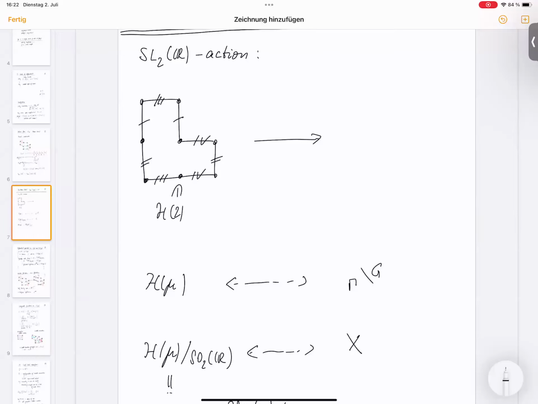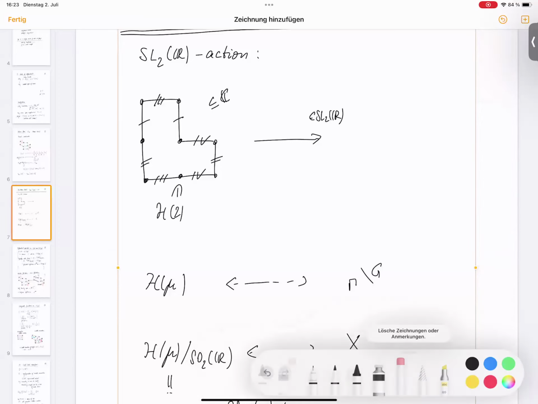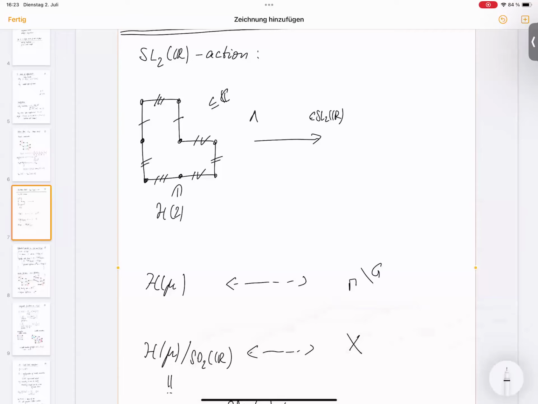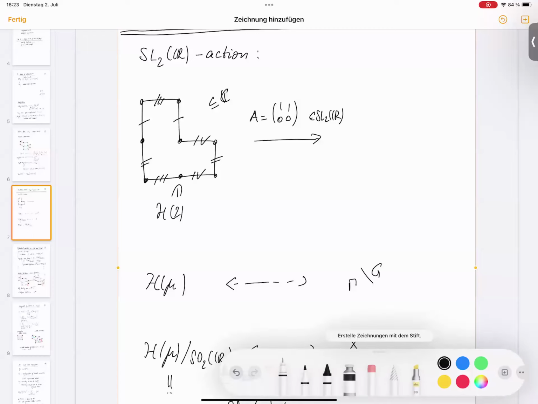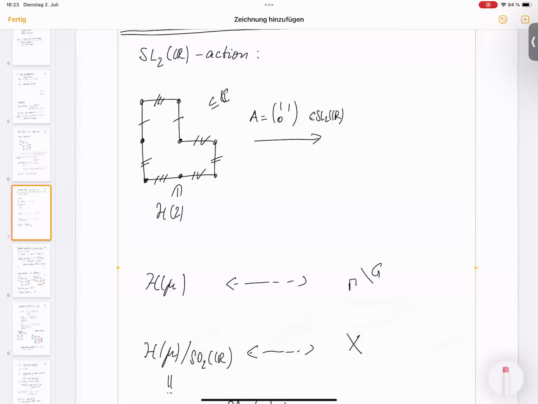So if I consider this as embedded in the plane, and I take any matrix A in SL2R, and to make a reasonably easy drawing, I take something like an upper triangular matrix, and it's pretty clear what should happen.